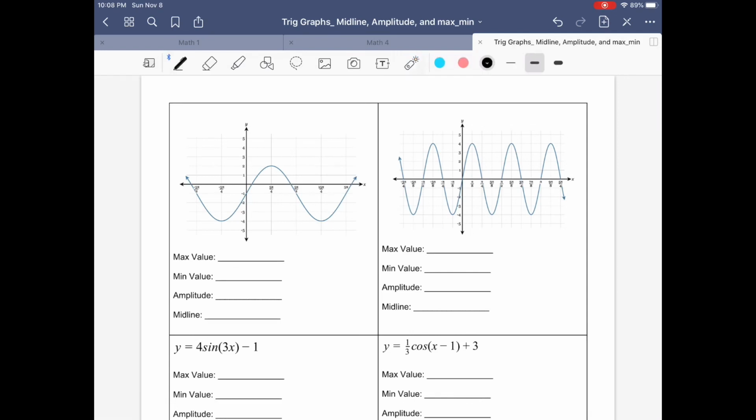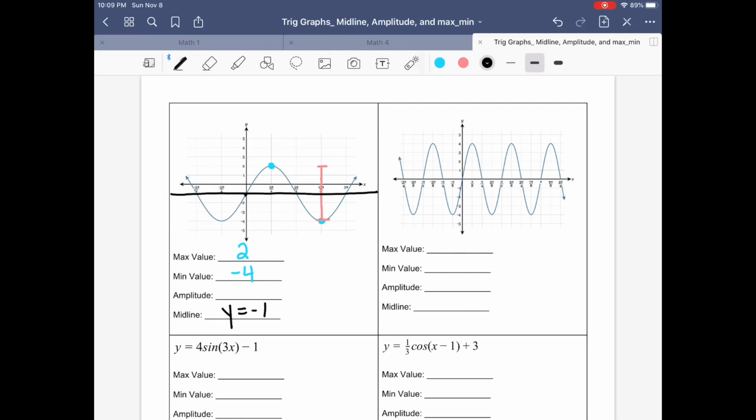All right, so for the next one, we're going to have a maximum value at 2 and a minimum value at -4. So between the two of them, we have a total distance from the top of one hill to the bottom of that valley of 1, 2, 3, 4, 5, 6 units. So if we have 6 units, that means my midline has to be halfway, which is going to be at 3 units.